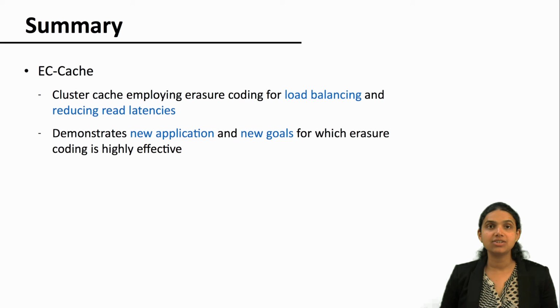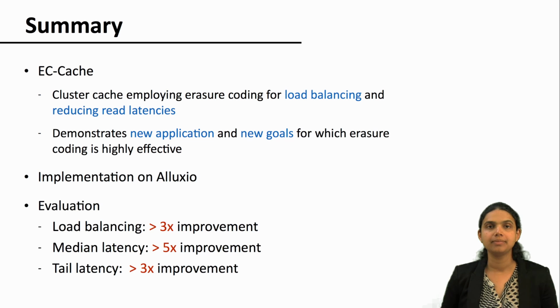EC cache demonstrates a new application and new goals towards which erasure coding is highly effective. We have implemented EC cache on top of Alluxio, and through extensive evaluations on Amazon EC2, we show that EC cache provides significant gains in terms of load balancing, as well as in reducing both median and tail read latencies.